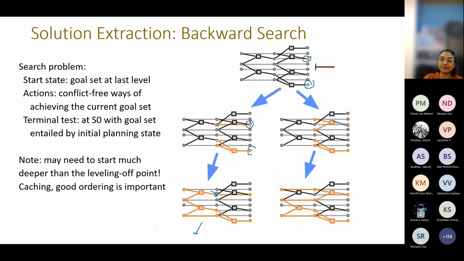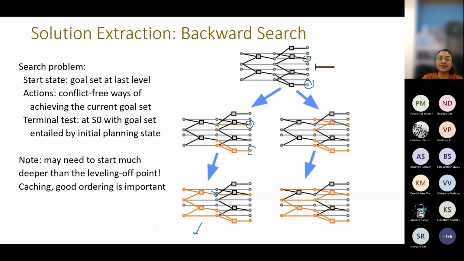That is the branching factor, and they are achieved from the previous layer. In the previous layer also, you look at all possible ways of achieving that, and you stop at layer T. Some of these paths will fail at layer T because of mutex, then you will backtrack. If you are able to reach layer 0, where all of them are achievable, then you can extract the plan.